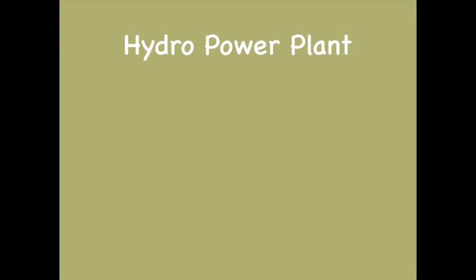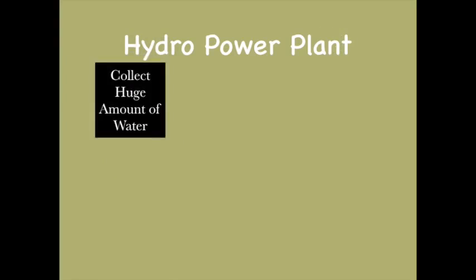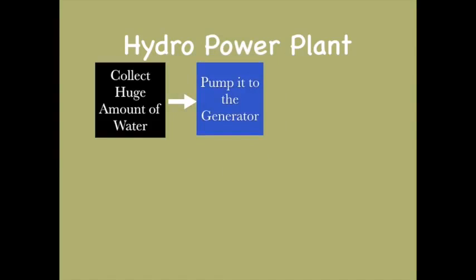On similar lines, we'll now explain the working of a hydropower plant. In this case, we use huge amounts of water. This collected water is sent to the generator with the help of a pump.